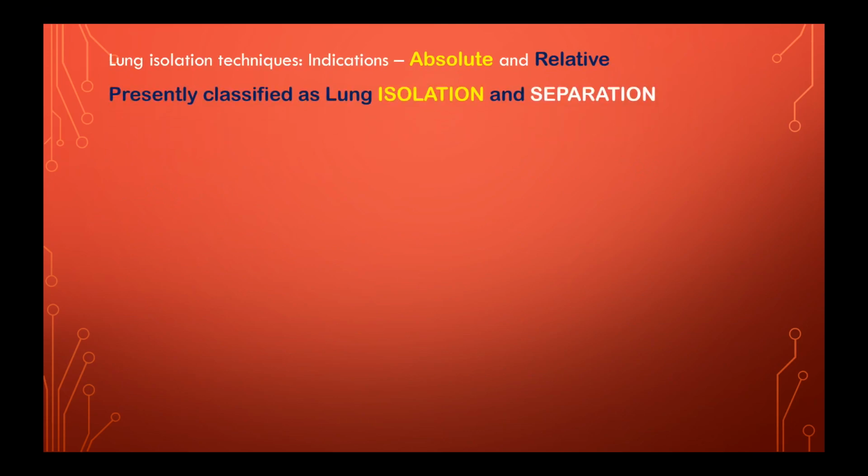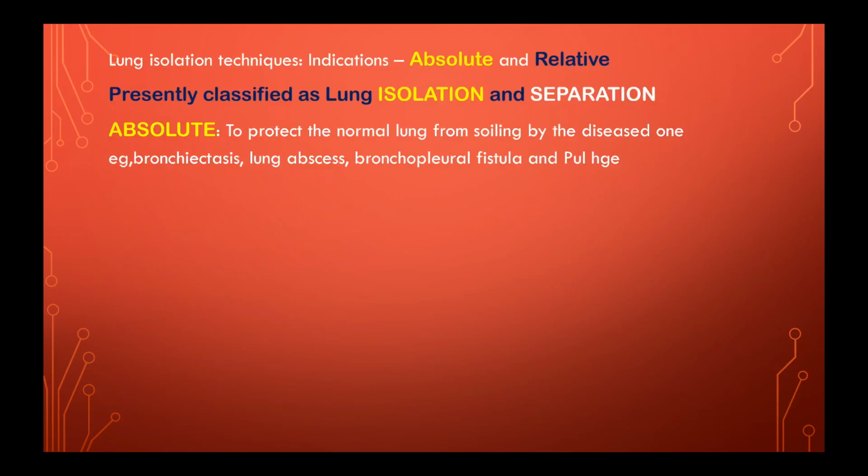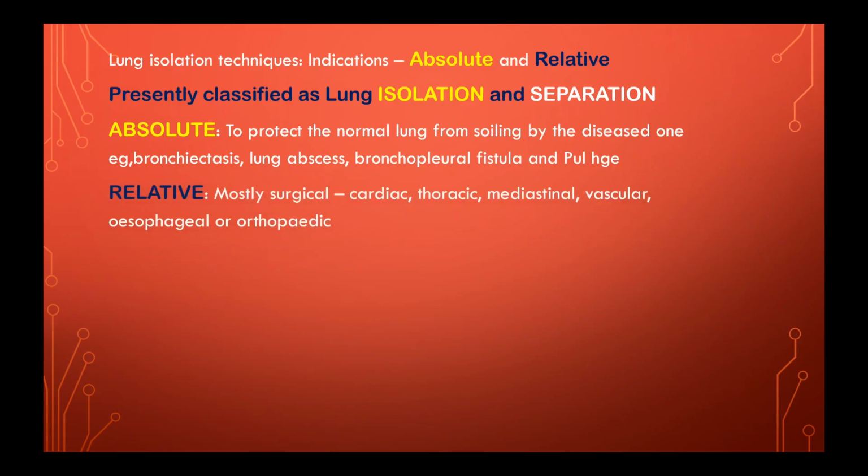A few words about lung isolation. Indications can be classified as absolute and relative. The absolute indications are to protect the normal lung from soiling from the diseased lung, like bronchiectasis, lung abscess, pulmonary hemorrhage.